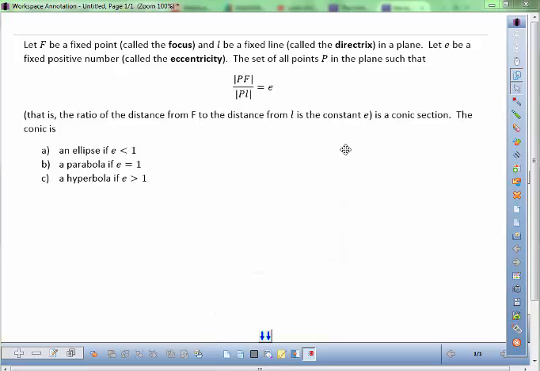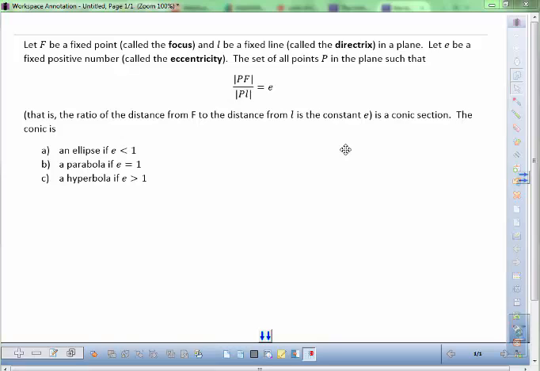And here are some values where e, the eccentricity, is positive. If you have a number that's less than 1, it would be an elliptical shape. If it's exactly equal to 1, it turns out that you get a parabola. So imagine Halley's Comet.